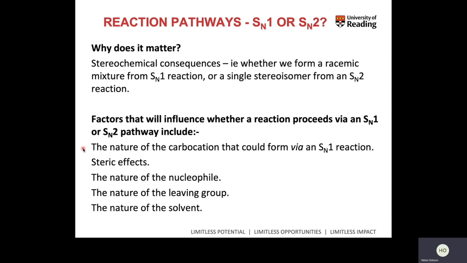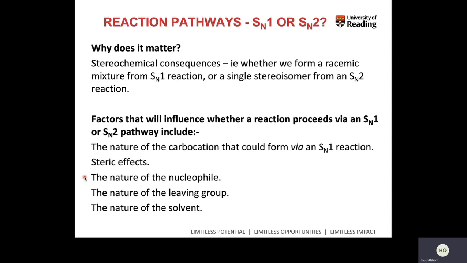So the first thing we're going to look at is the nature of the carbocation, because if that's stable, then it's more likely to occur via the SN1 reaction. We're going to look at steric effects. Steric is just the influence of different sizes of groups around the substrate. We're going to look at the nature of the nucleophile. Remember, that's the electron-rich, maybe negatively charged species or a lone pair of electrons.